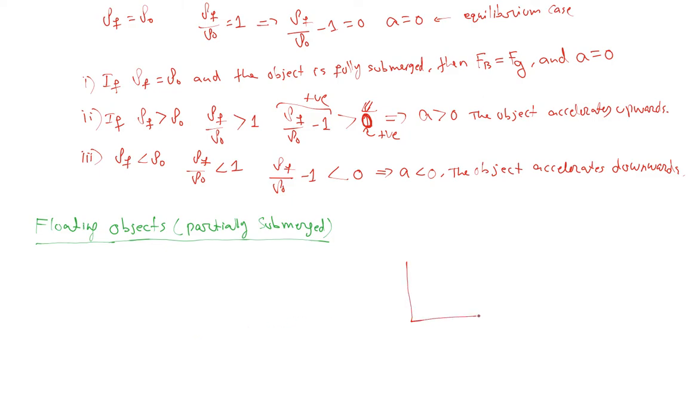there is again this container and this object, and this object again has some volume V naught, and we submerge it into this but not fully. So only part of the volume is submerged, and that volume is Vs, which is less than Vo, the volume of the object.